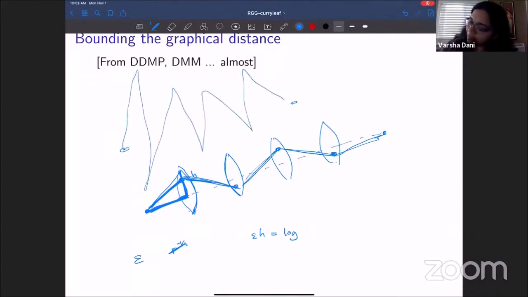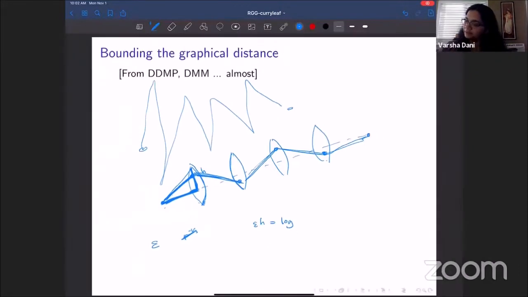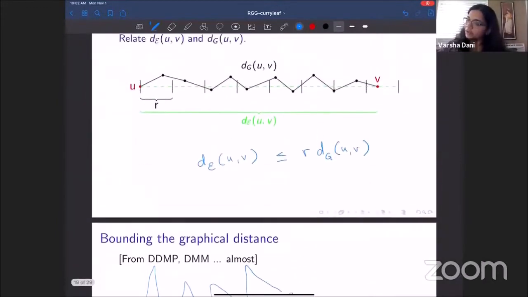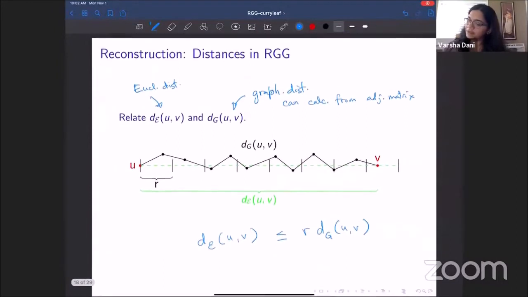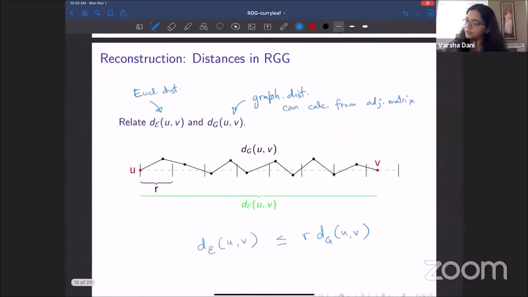It turns out that you can choose your points along the shortest path pretty close to this line and take pretty long steps so that the actual shortest path distance is not too many times more than the actual Euclidean distance. On the other hand, and this result was from one of the earlier papers, okay?